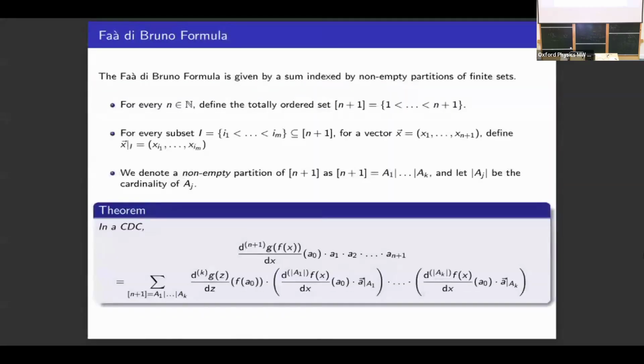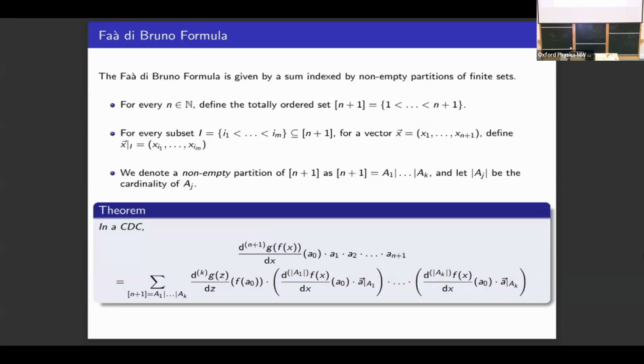Okay, just to wrap things up, here's the higher order forward derivative. I didn't plan on going into detail on it, but essentially the formula is given by partitions of finite sets. If you go on Wikipedia, you'll see this super long, complicated formula.